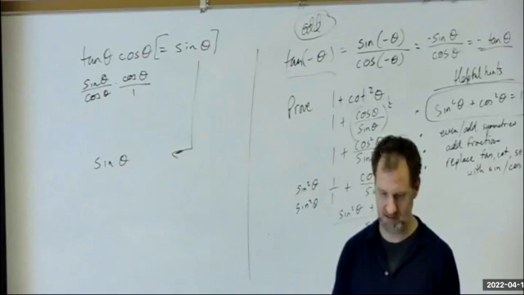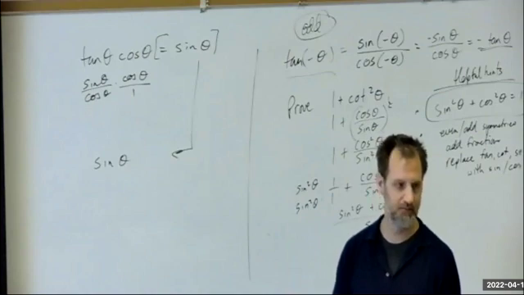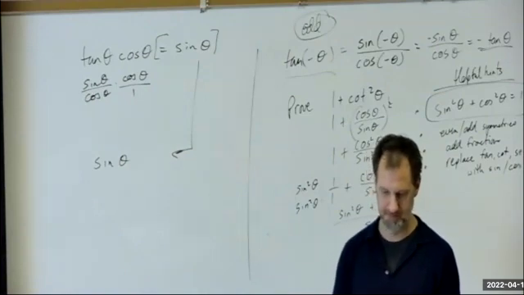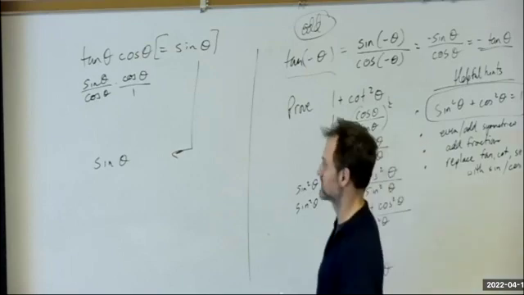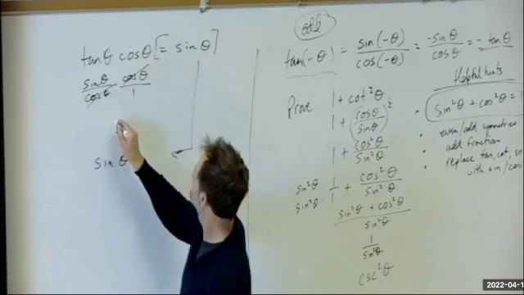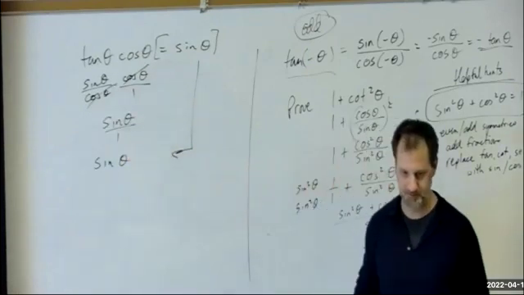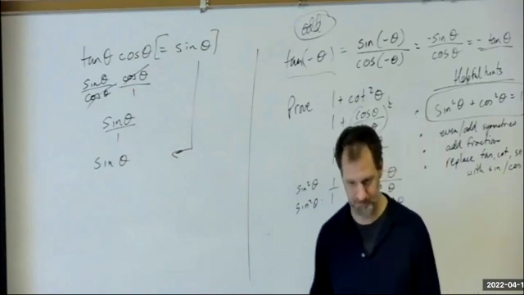Do you need any more lines to get to sine theta? Multiply across because it's multiplication of fractions. And we get some cosine simplification. So we got sine theta over 1, which of course is sine theta. Done.